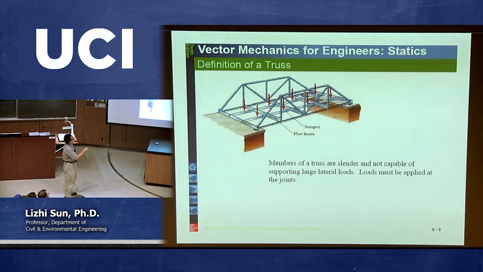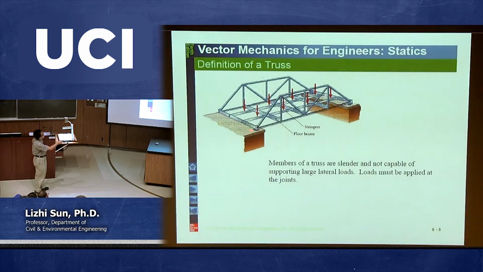And typically for this kind of bridge, when we design, we want to make sure all the forces are applied on those joints only. In other words, if we ignore all the self-weight, then any additional force acting on this side, or on the other side, can be applied on those joints only. And then this part is still a truss member, and the one from the other side is also a truss member.